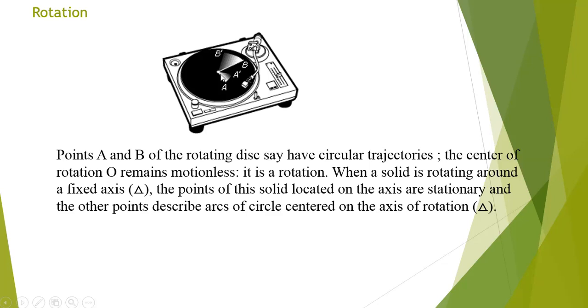So, all the points from a solid in rotation located on the axis of rotation remain motionless or remain at rest. And the other points of this solid in rotation describe arcs of circle centered on the axis of rotation, for example called delta.